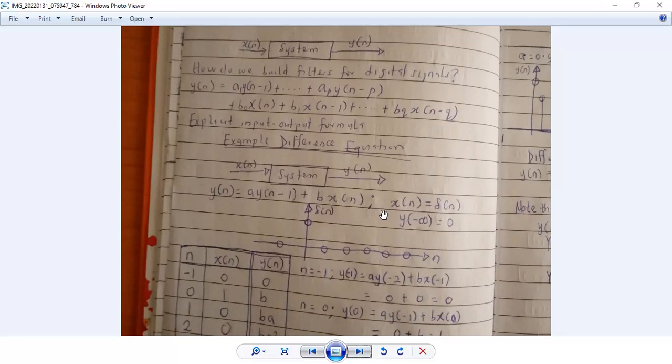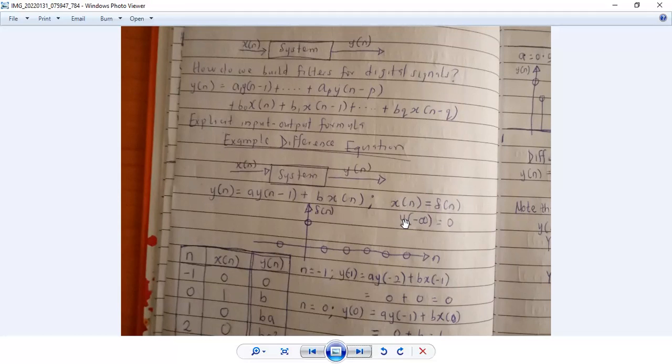So this is the input and this is an impulse function. So we want to determine the response of the filter when an impulse input is applied.